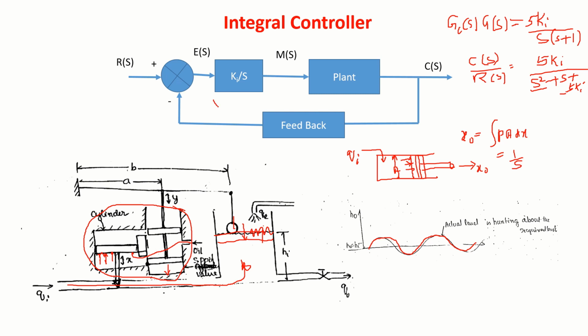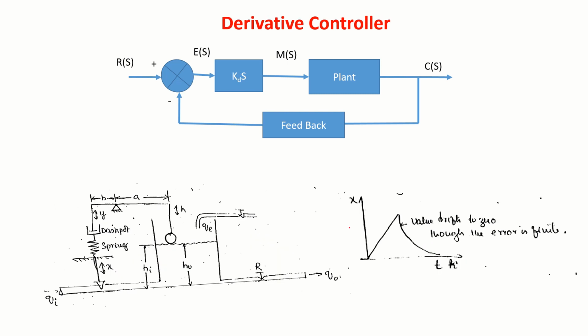So that is the integral controller. So the proportional controller will introduce offset, and the integral controller will introduce oscillations. But error will be 0. Error will not be there, right? About the error point, it will be oscillating.